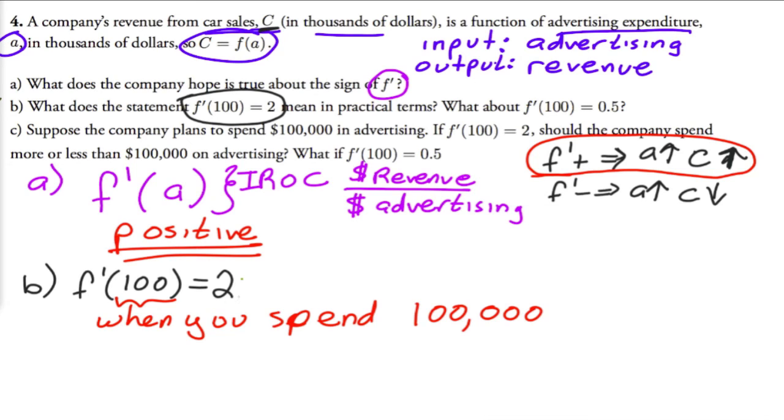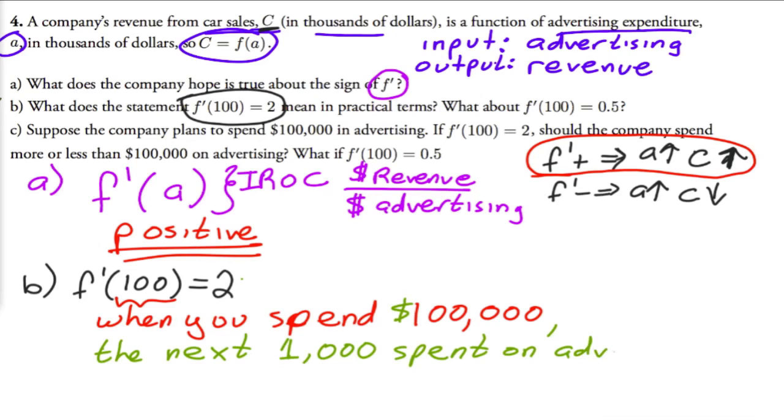But I like to say it in a little bit more practical terms. What this means is that when you spend $100,000, the next increase in advertising expenditure, so the next $1,000 spent on advertising, is going to increase the revenue by 2,000.